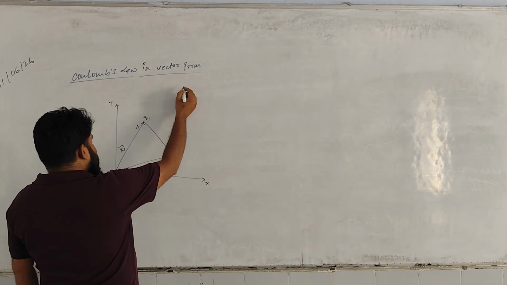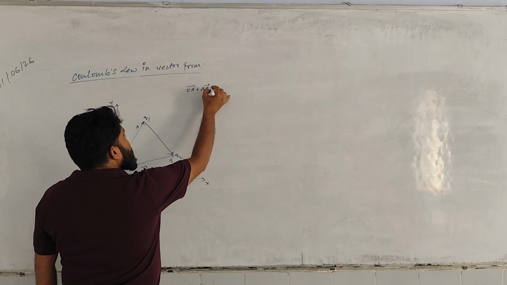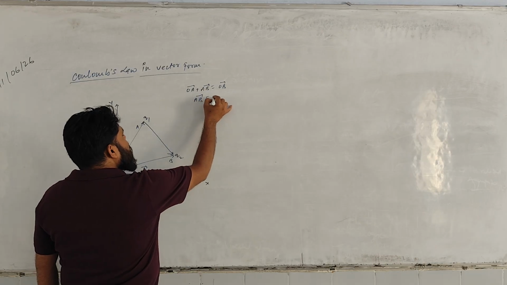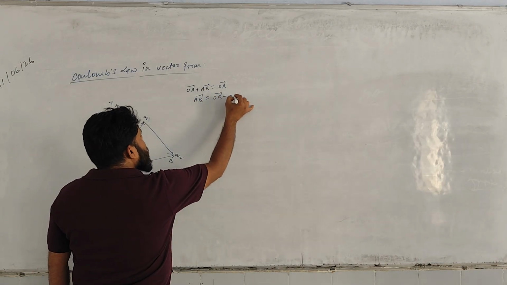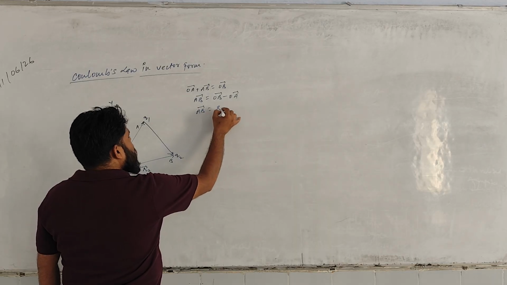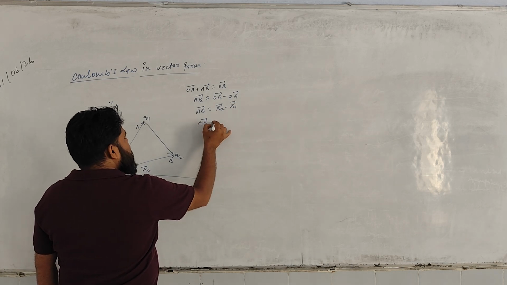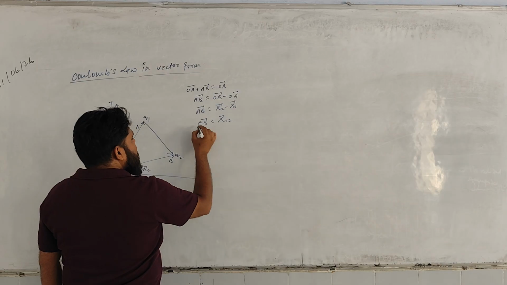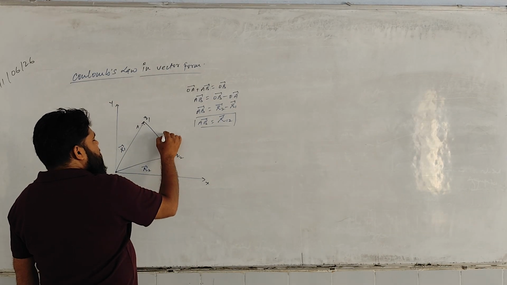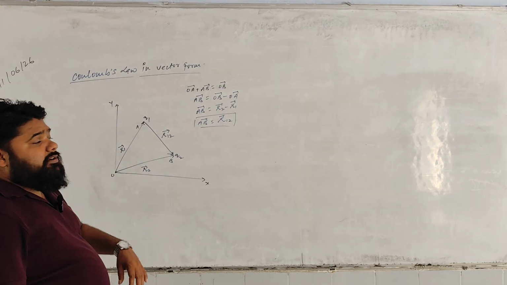From the triangle law of vector addition, OA plus AB must be equal to OB. So AB is equal to OB minus OA. That means vector AB is equal to r2 minus r1, and that can be written as vector AB is equal to vector r12, the vector leading from q1 to q2. So this vector AB is equal to r12.